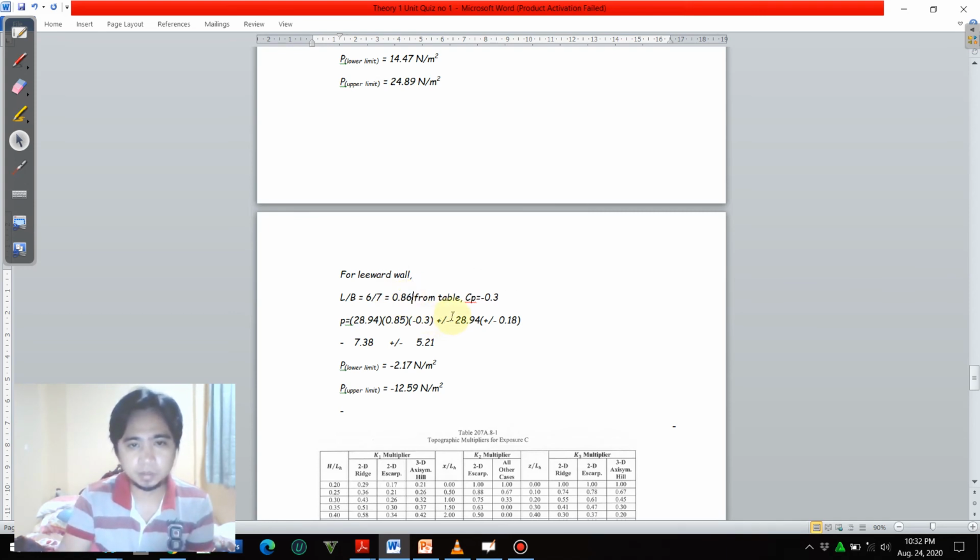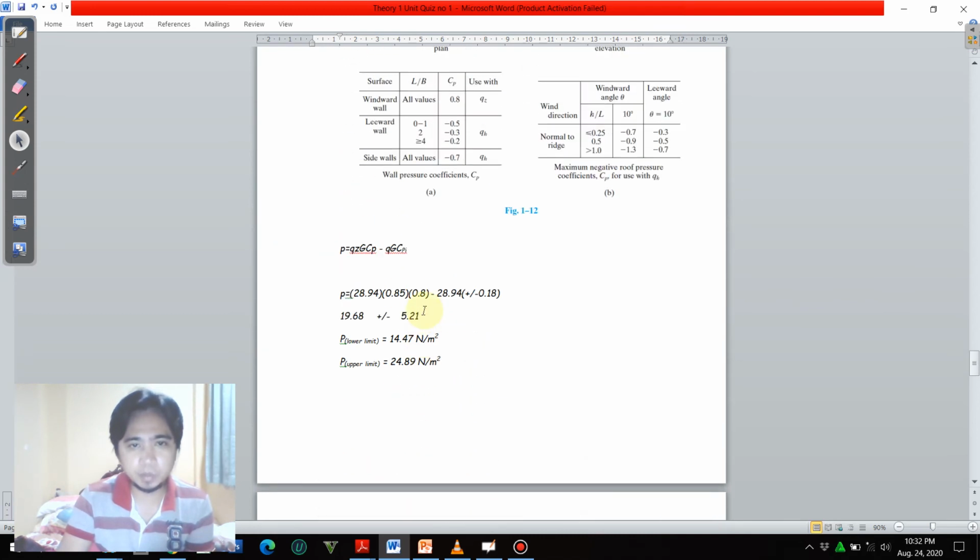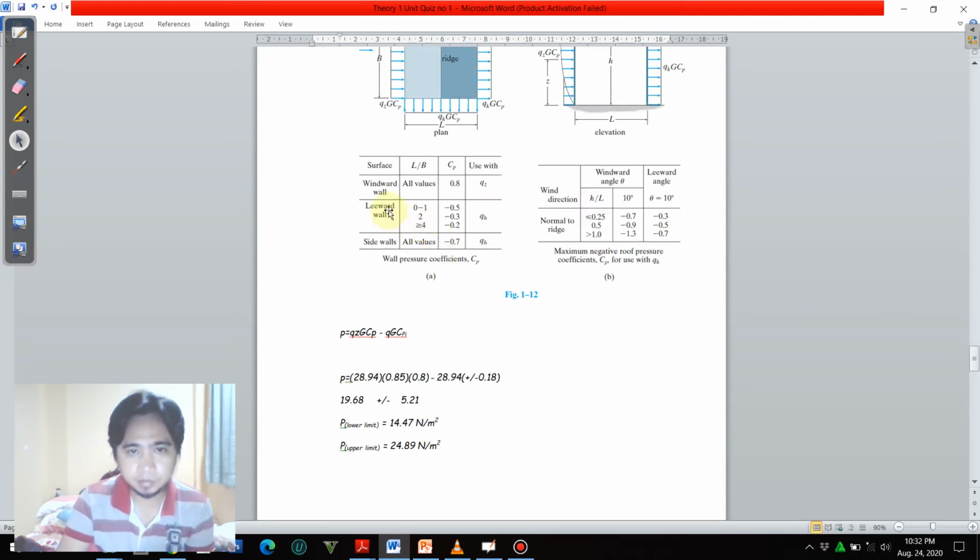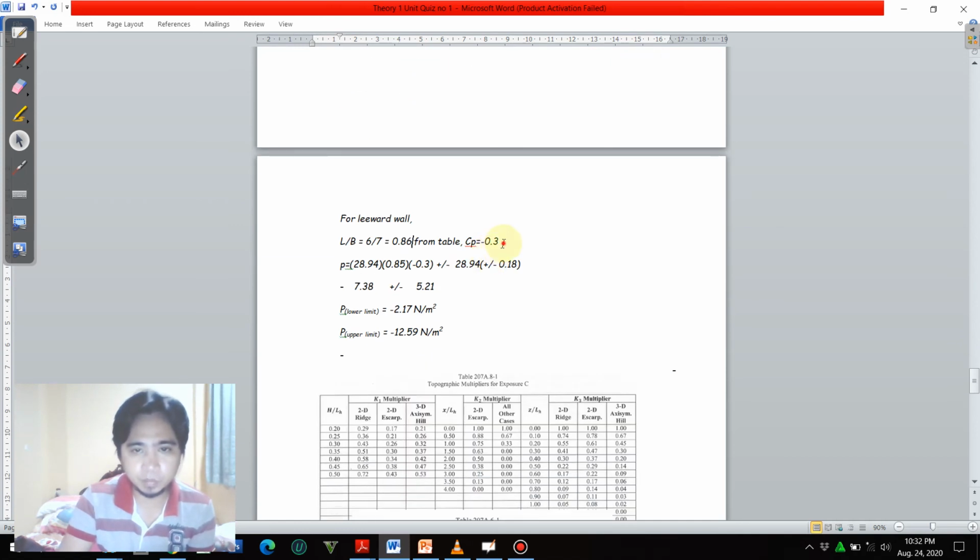Looking at the table, where is 0.86? From the leeward wall, 0.86 is in the range 0 to 1. Then CP is set to be negative 0.5 for the leeward wall. And then we just have to substitute in the formula.